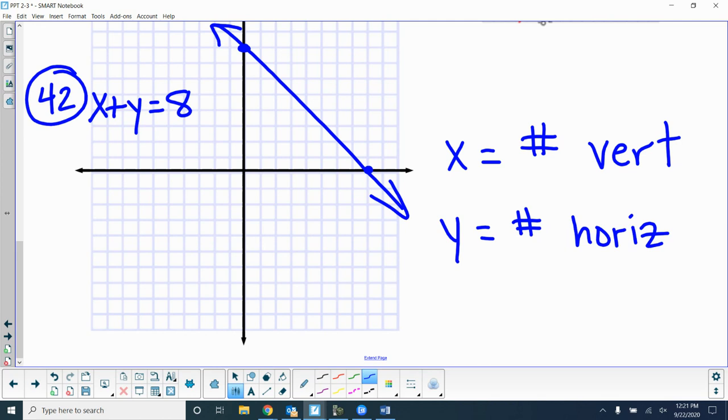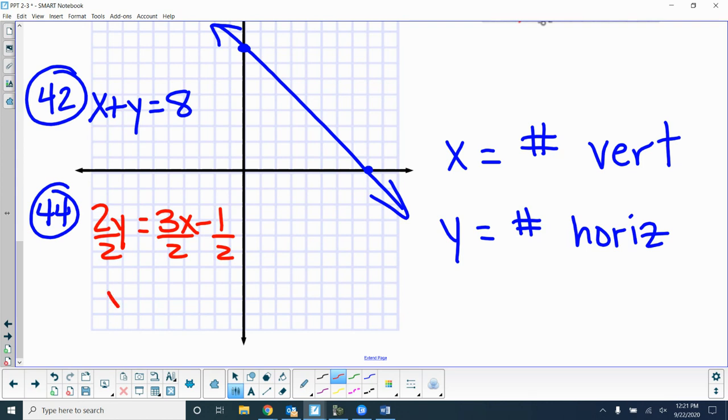Number 44, since it's 2y, so get y by itself. Let's make it a different color. What was it? 3x minus 1. When you divide by 2, remember, you divide everything by 2. That's a mistake some of us make.